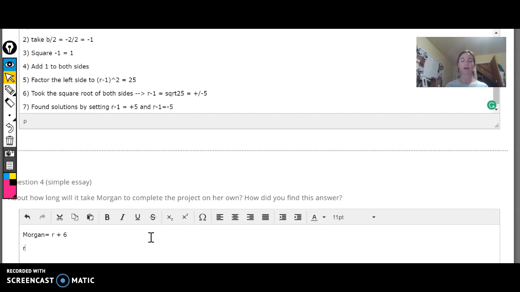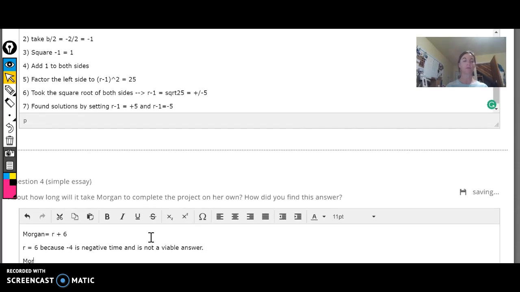So we know that r equals 6 because negative 4 is negative time and is not a viable answer. So Morgan equals 6 plus 6, which is 12 hours on her own.